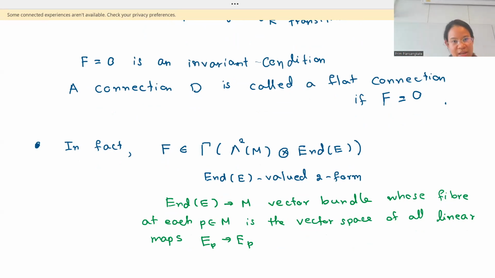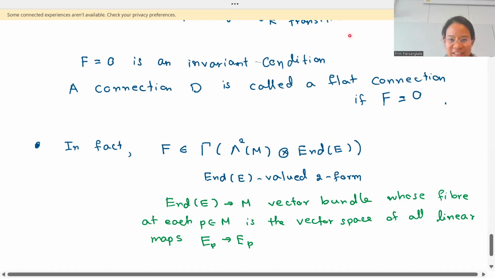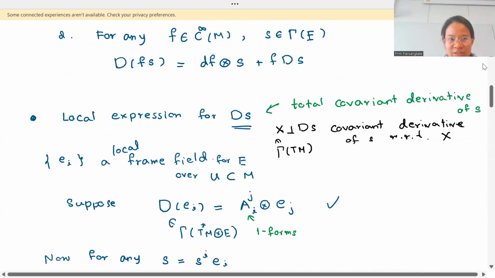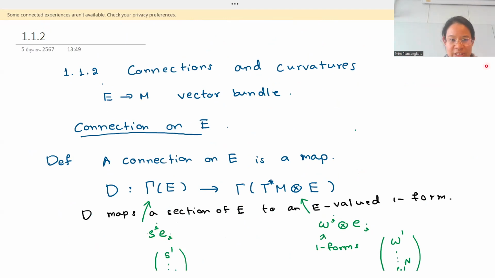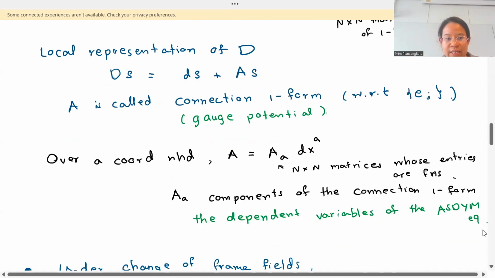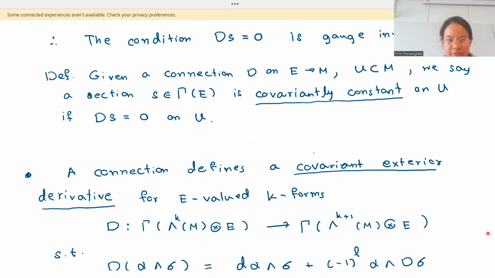And actually, we can also extend the action of the connection. At first, we define the connection, maybe I can go up. So first, today, we define a connection as a map that acts on a section of E, and then we can extend it to covariant exterior derivatives acting on E-valued K-forms.